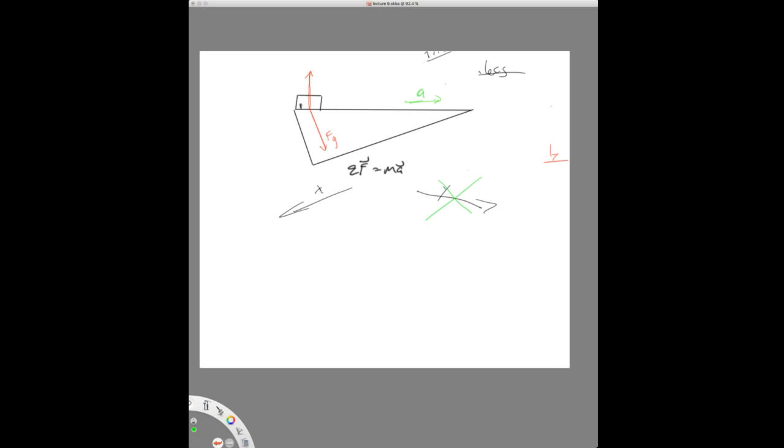So how does it work once I've tilted everything? In that case, when I'm looking at components, the force of gravity has an x component and a y component. And the normal force only has a y component.